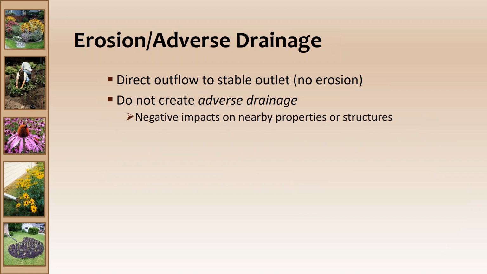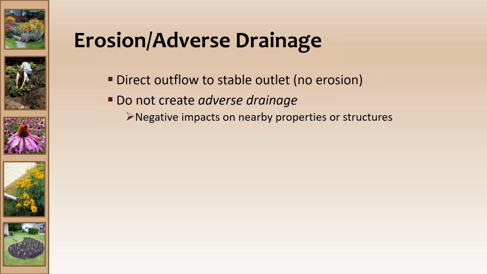For erosion and adverse drainage, the standard says that you need to direct the outflow from the rain garden to a stable outlet and not create any erosion or adverse drainage. And adverse drainage is defined in the standard, but it essentially means negative impacts on nearby properties or structures.